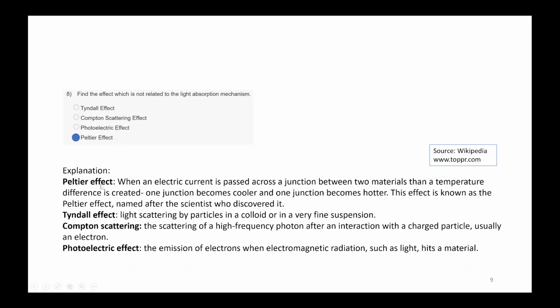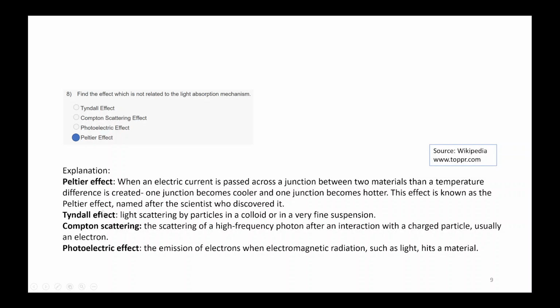In case of Peltier effect, when an electric current is passed across a junction between two materials, then a temperature difference is created. One junction becomes cooler and one junction becomes hotter, and this effect is known as Peltier effect, named after the scientist who discovered it. Now this effect is not related to light absorption. Other effect is Tyndall effect, the light scattering by particles in a colloidal or in a very fine suspension.